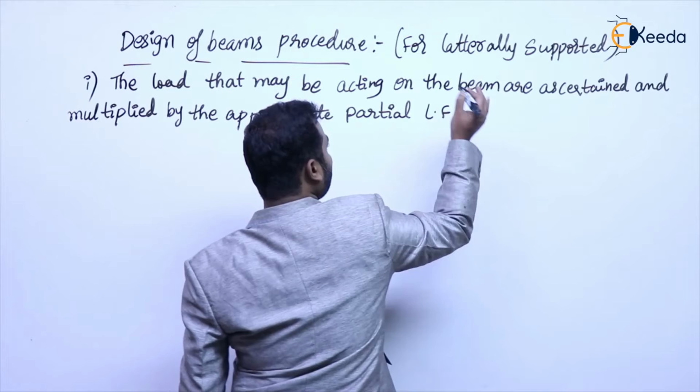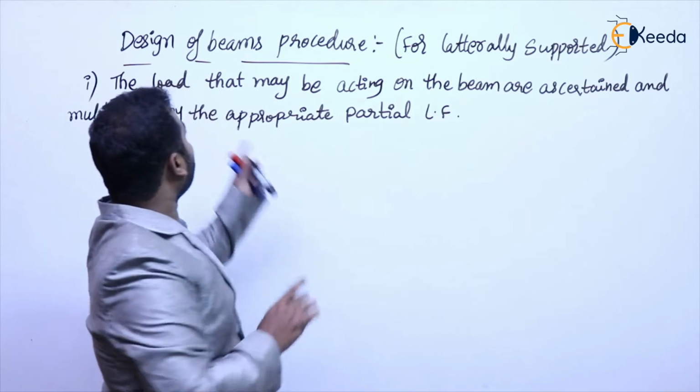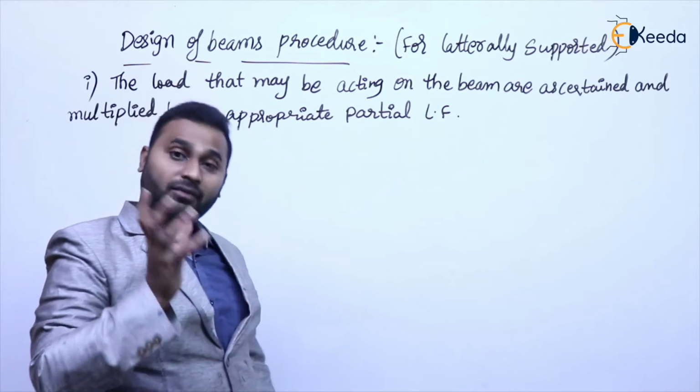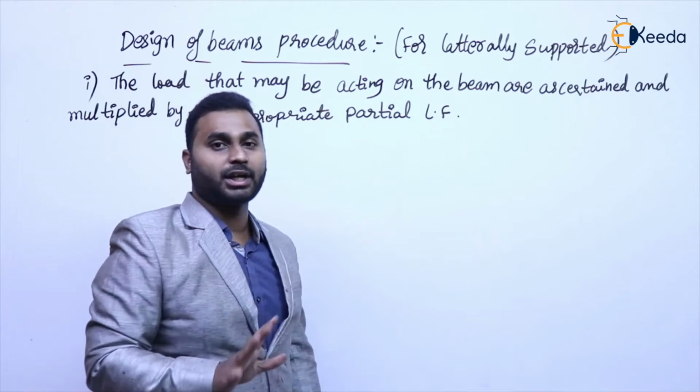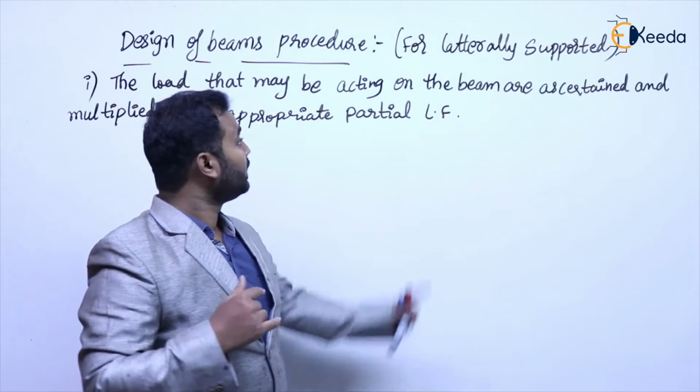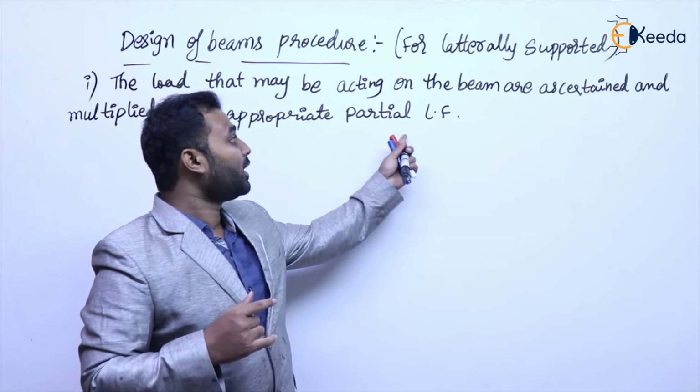LF means partial load factors. Is that okay? Now whatever the loads that are coming onto the beam are first ascertained, or you can say first determined, and later those loads are multiplied with appropriate partial load factors.